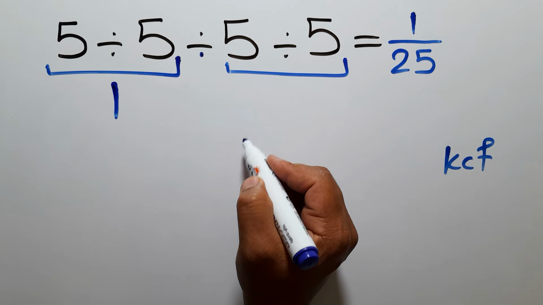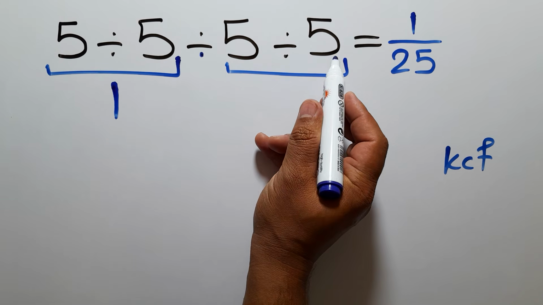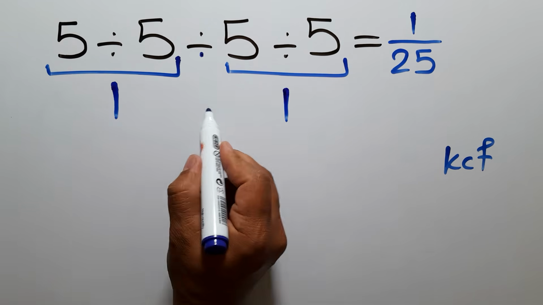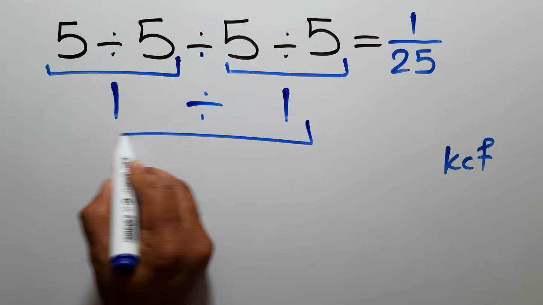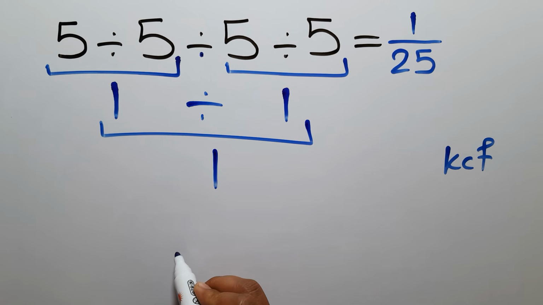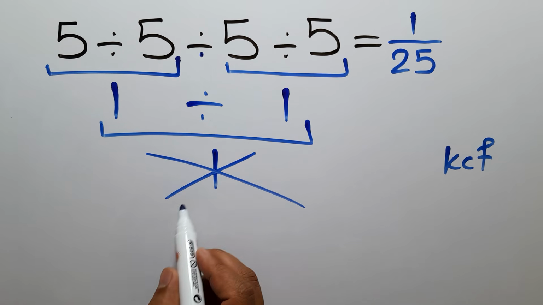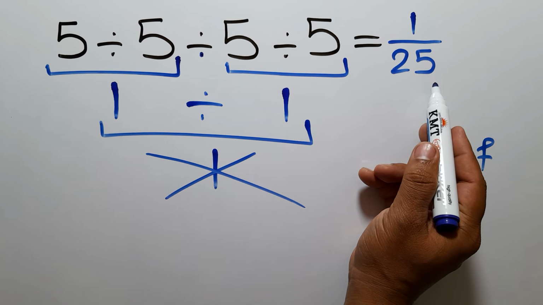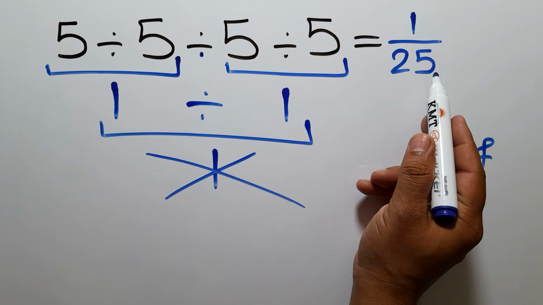Then this division. 5 divided by 5 again, which equals 1. So we have 1 divided by 1, which equals 1. So this answer is not correct. And our correct answer is 1 over 25.